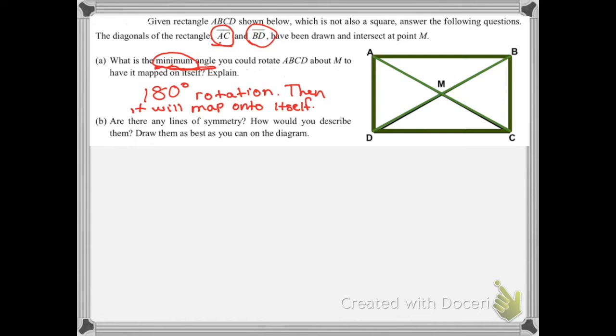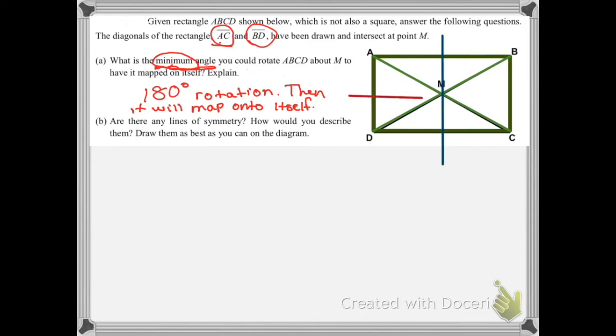Now let's read question B. Are there any lines of symmetry? Okay, so a line of symmetry, you've seen this before, is just a line that you could reflect over and end up with the same exact image. So this is a very symmetrical shape, and we can see here that I have one line of symmetry and I have another line of symmetry, okay? If I reflect over that line, I'm going to get exactly the same shape.